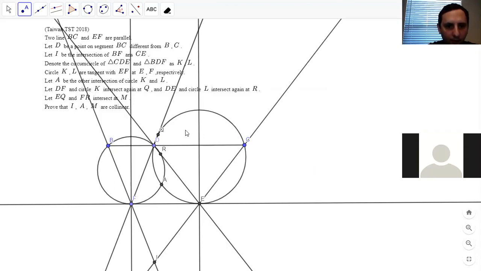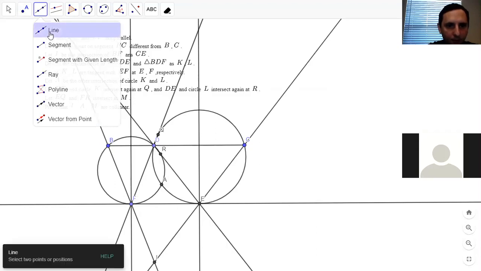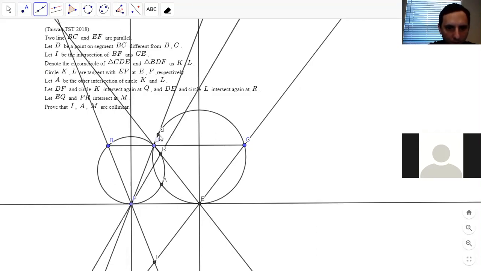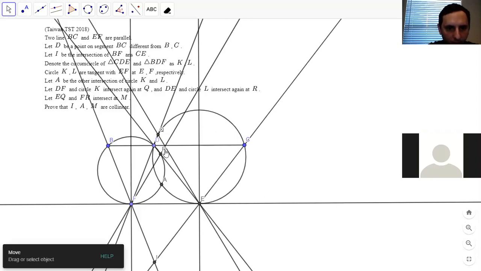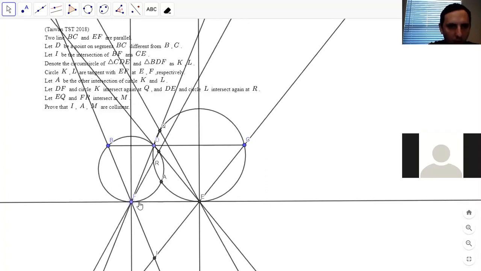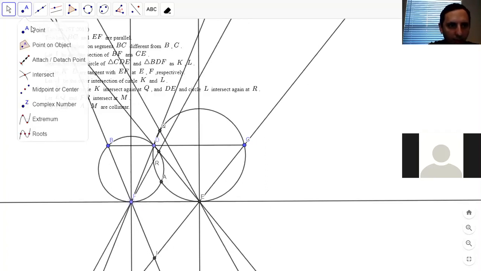EQ and FR intersect at M. And we want to show I, A, and M are collinear. Call that point M.